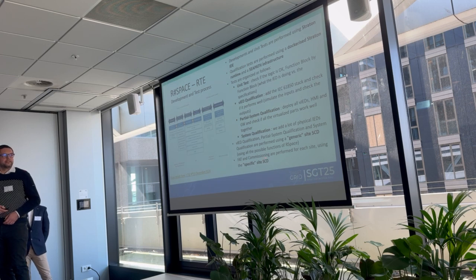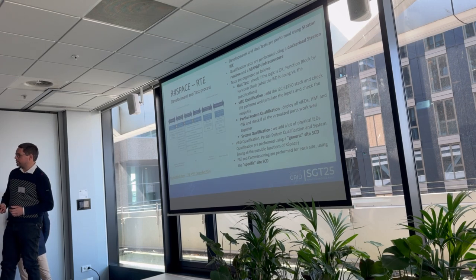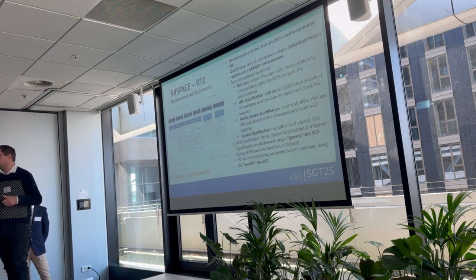All of these steps, qualification, partial system qualification and system qualification, are performed using a generic SCD site. The idea is we want to put in production many sites each year, and we don't want to qualify each time with the SCD.